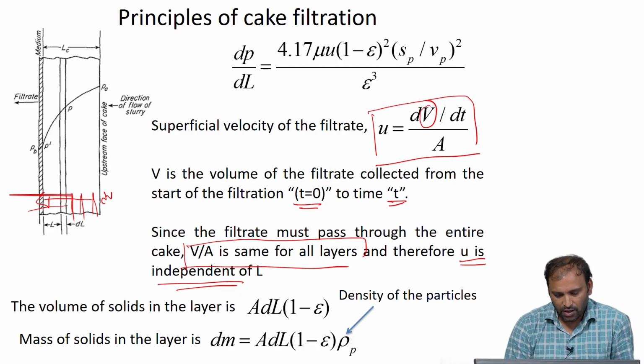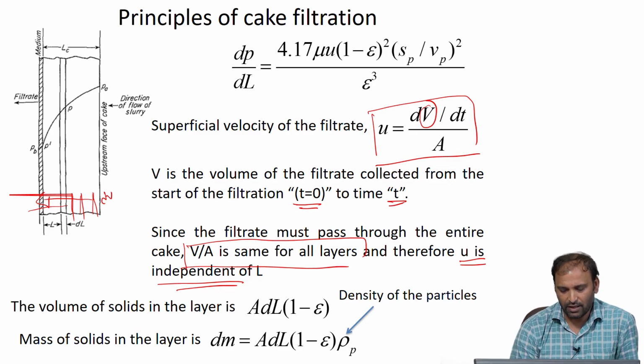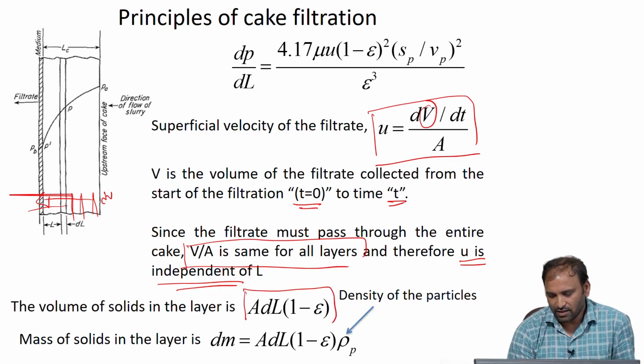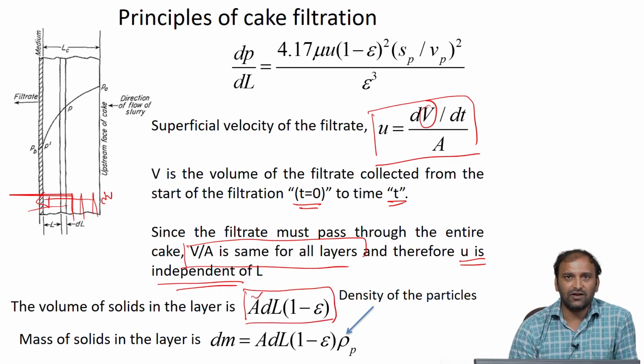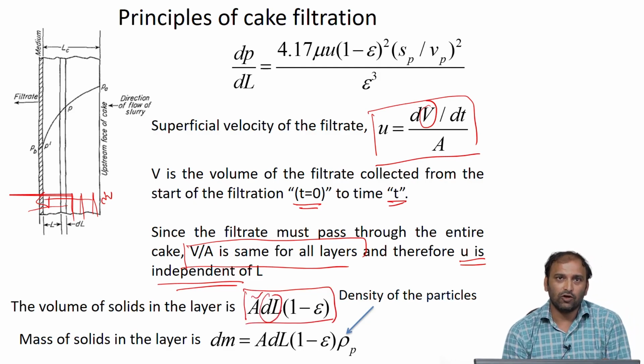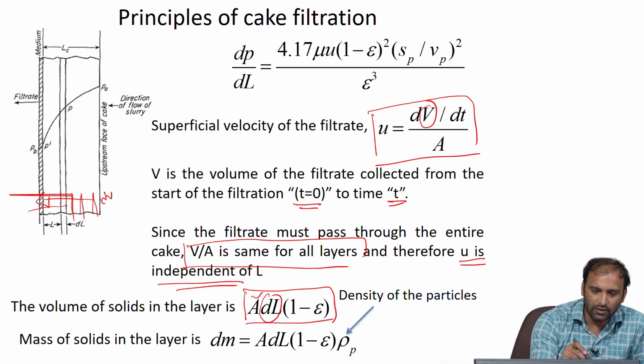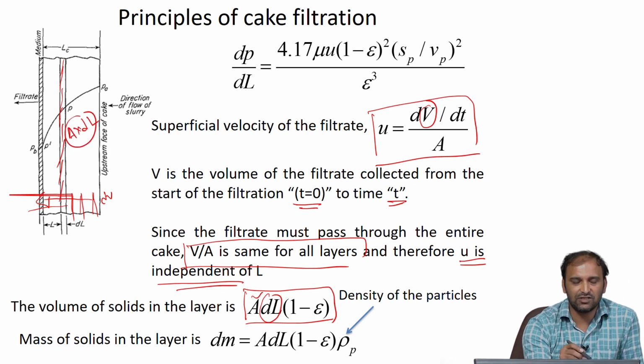And for the volume of the solids in the layer, I can write A, the filtration area, multiplied by delta L, which gives me the volume of the solid plus the liquid in the filter cake in the thin cross section. So A multiplied by dL gives me the volume of this thin section.